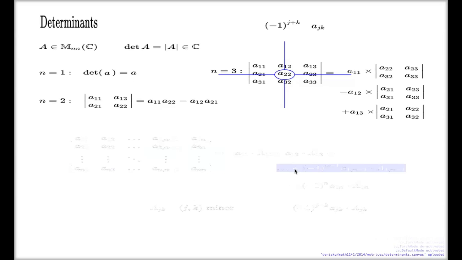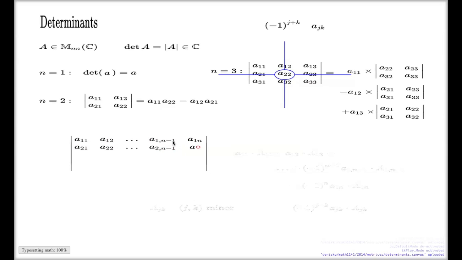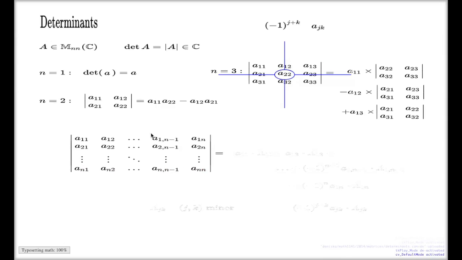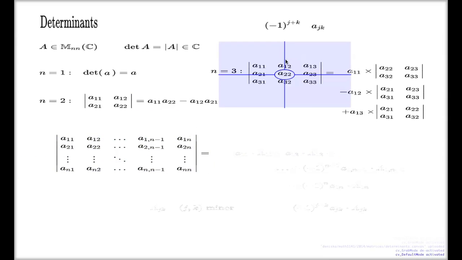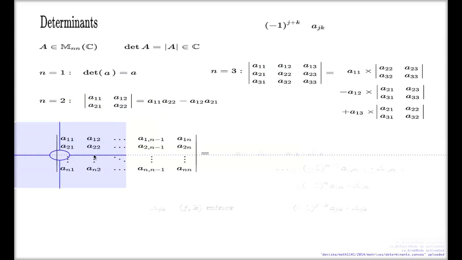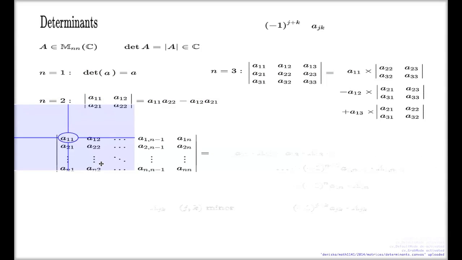Now, on this slide I have the general version of it. It's a lot of symbols to copy. So if you have a general matrix of size n times n, and if you choose the first row for the computation of the determinant, you pick an element, you cross the rest of the row, you cross the rest of the column.